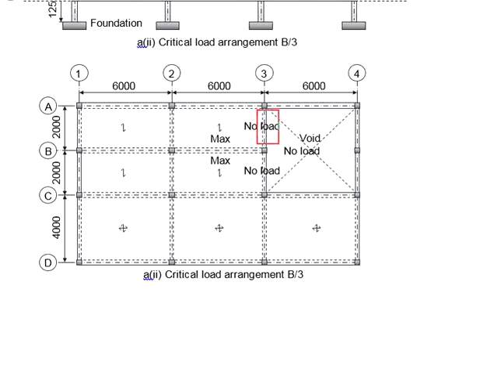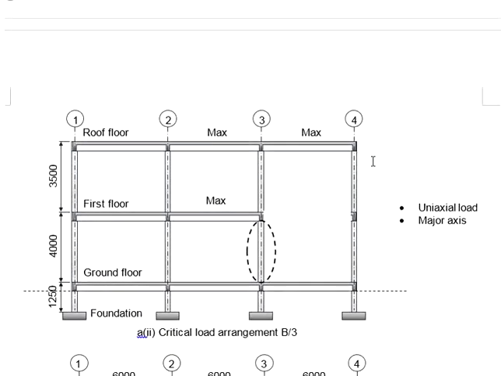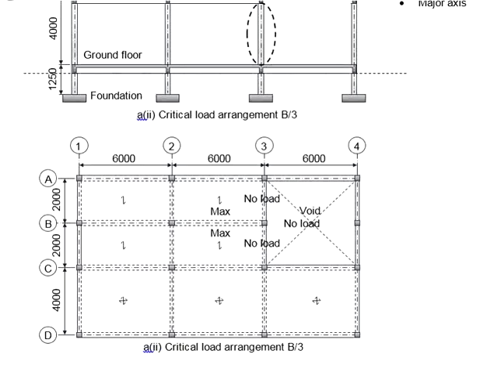When the span of the beam are the same, the weight of the beams shall also be the same. Counteracting each other, it will end up to be without any moment. Therefore, this will be the arrangements of the critical load for column B3. Based on the load arrangement, you know that the loads will be uniaxial load acting in the major axis.